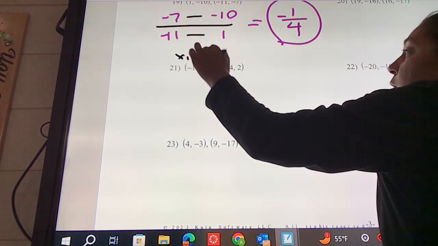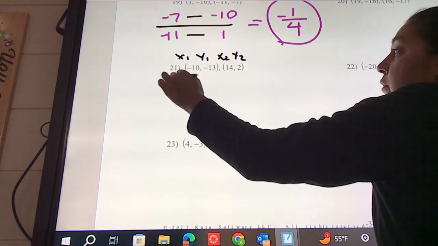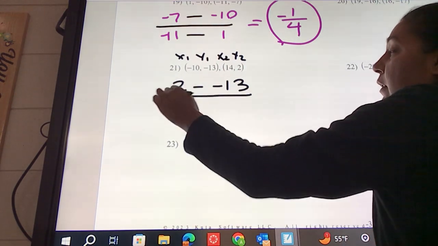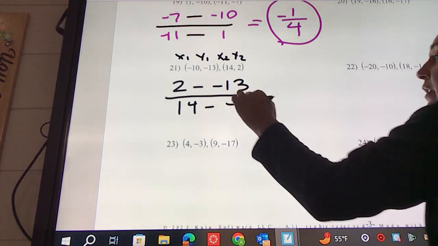Okay, I got x1, y1, x2, y2. So 2 minus -13 over 14 minus -10.